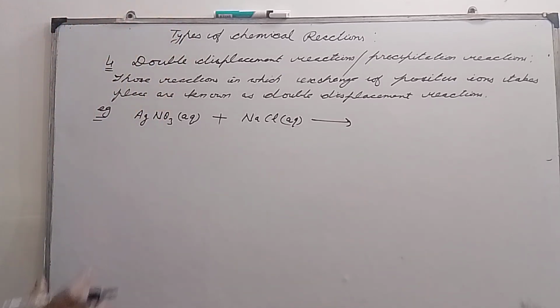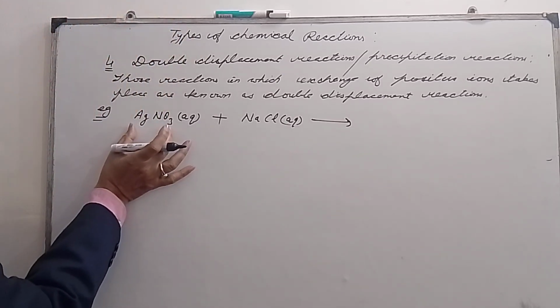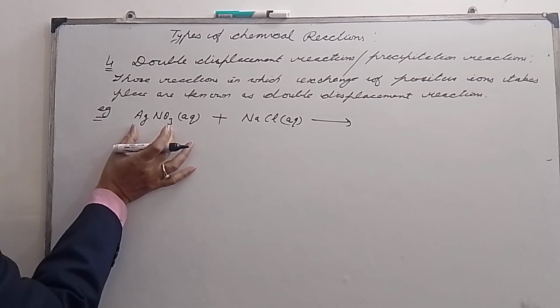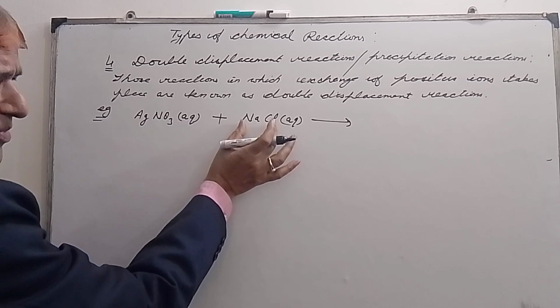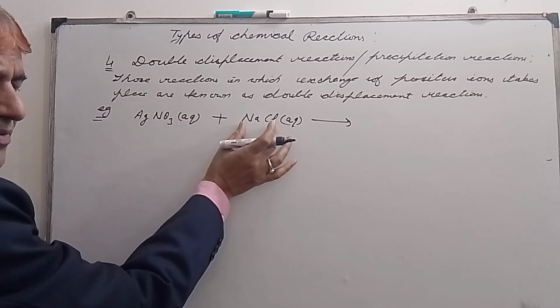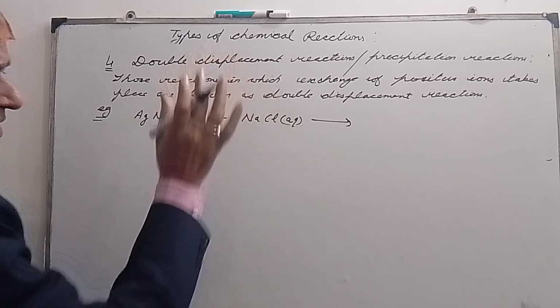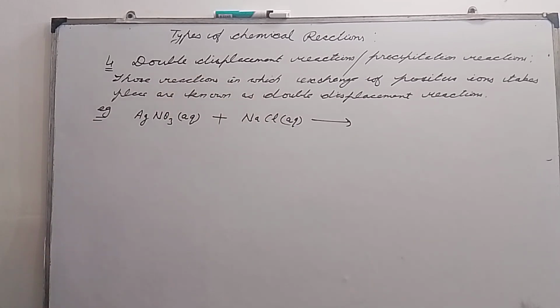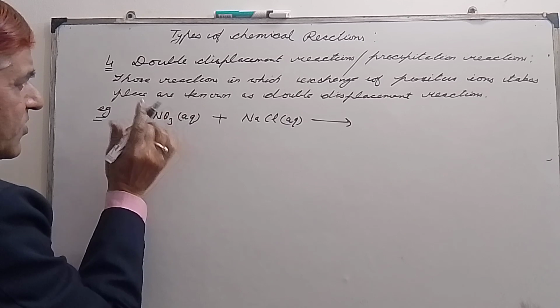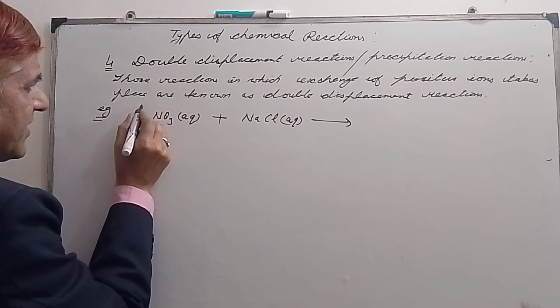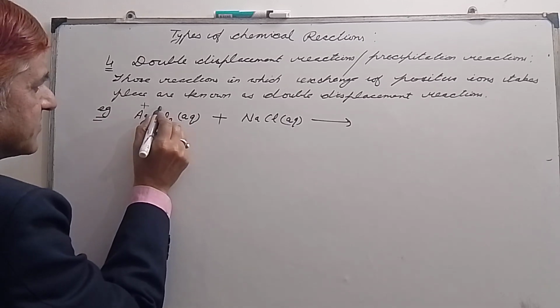Now what happens, this is a salt, an ionic compound dissolved in water. Sodium chloride, which is our common salt which we use at our homes, is also dissolved in water, aqueous. So these are ionic compounds, and ionic compounds, I have told you, are made up of metals and non-metals.